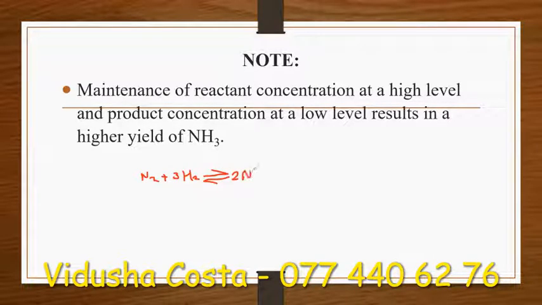When you increase the concentration of reactants, either this one or this one, what happens? According to Le Chatelier principle, the system tries to decrease them, so the forward reaction takes place. And when you liquefy all ammonia that is formed, ammonia concentration decreases. To increase that, the forward reaction takes place. We are using those tricks to increase the production of ammonia.